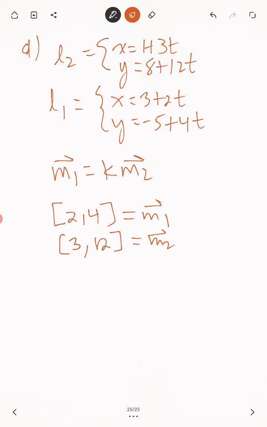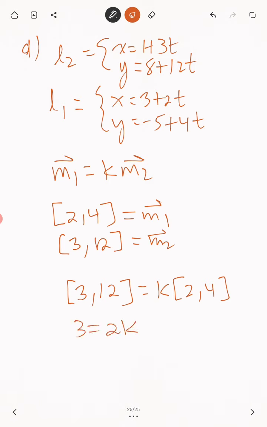So is there any k value that I can choose to make m2 a scalar multiple of m1, or vice versa, it doesn't matter. Let's see. So if this could work, then 3 would be equal to 2k, and 12 would have to be equal to 4k. Well, from the first equation, k is equal to 3 over 2, or 1.5, and from the second equation, k is equal to 3.